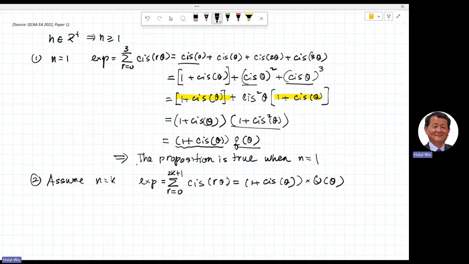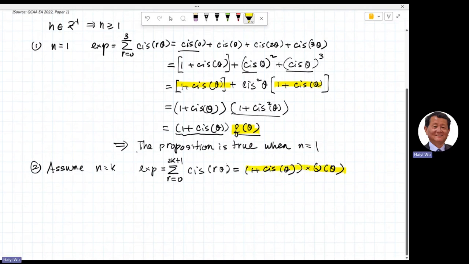We'll just differentiate between lowercase q and capital Q. So that's the assumption, and we're going to use this assumption to do the next step.